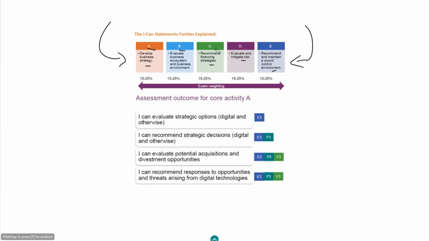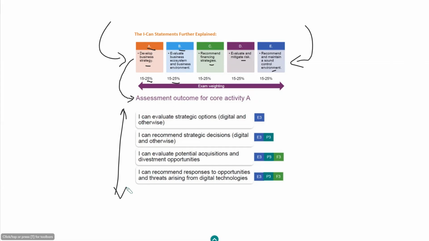And you can see that each of these 5 parts is given equal importance. They're about 15 to 25% of importance for each. Now, you might be thinking that these core activities are very broad and not specific enough to go upon. So to make your job easy, for each and every core activity, CIMA has given you various ICAN statements breaking down that core activity itself.